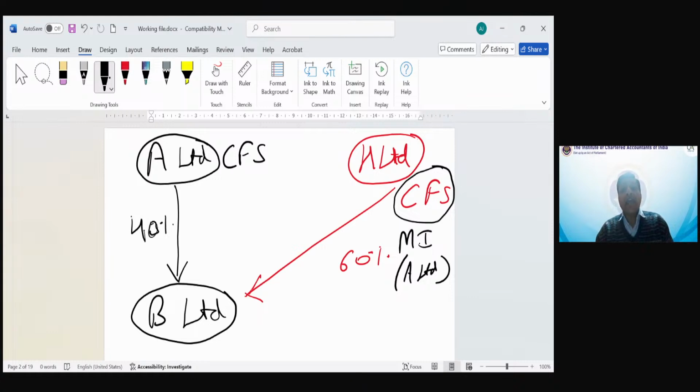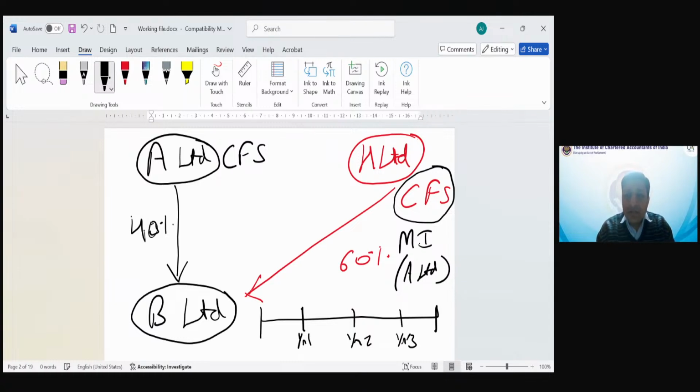Let's suppose H Limited records minority interest. So minority will keep picking up the proportionate share of net assets, up to a stage when the amount of minority interest will become zero. So this is year end 1, this is year end 2, this is year end 3.